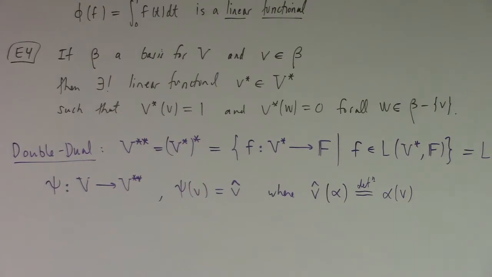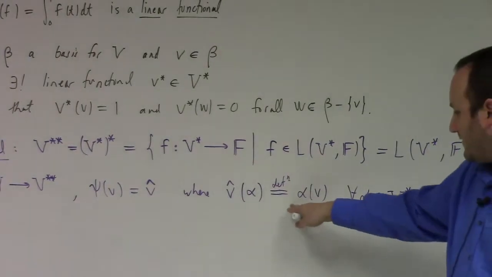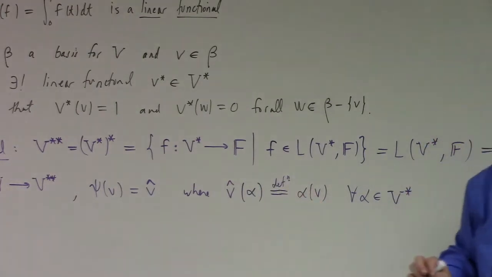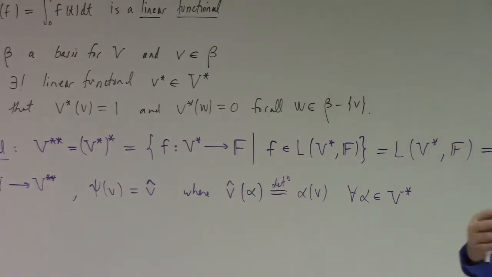Now that makes sense because this is for all alpha in the dual. So that is a number because alpha is a dual vector, right? So the dual vector acting on the vector gives me back a number, and this shows me how I can produce a number from the double dual vector acting on the dual vector.